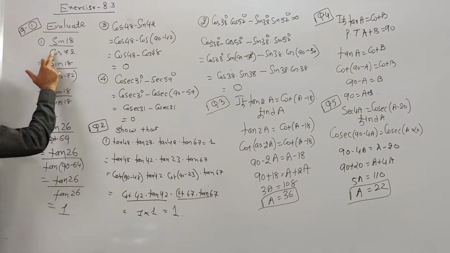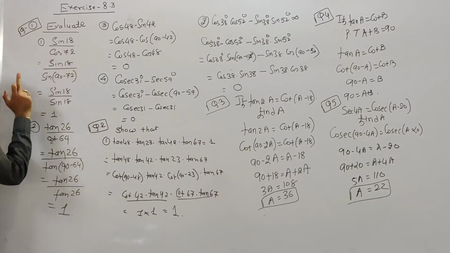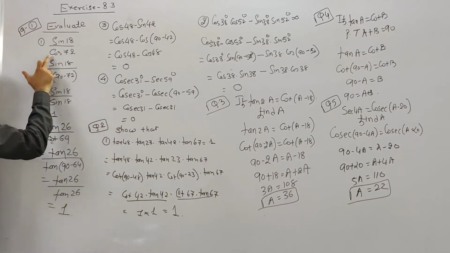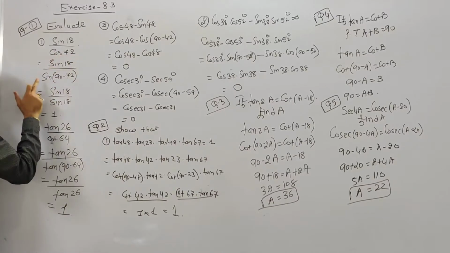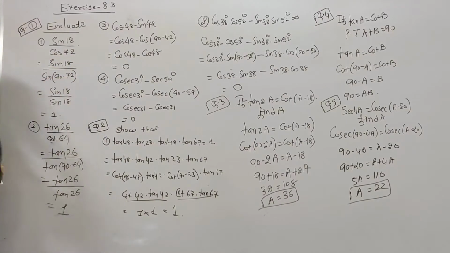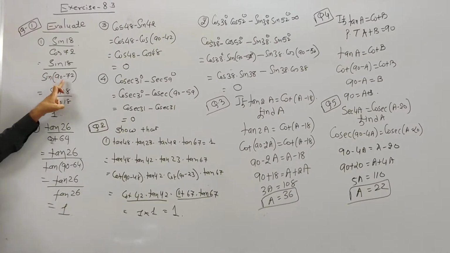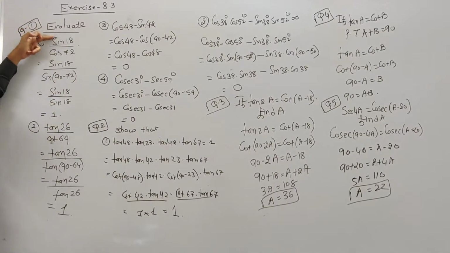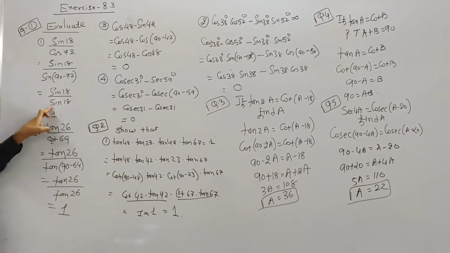So you know cos theta is equal to sin 90 minus theta. Therefore cos 72 is equal to sin 90 minus 72. So 90 minus 72, again you get 18. So here numerator is sin 18, denominator is sin 18 and your answer is 1.